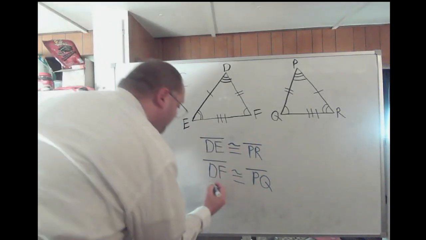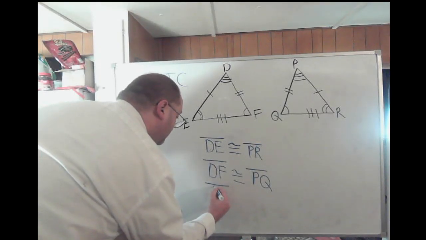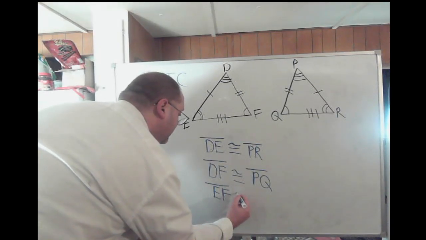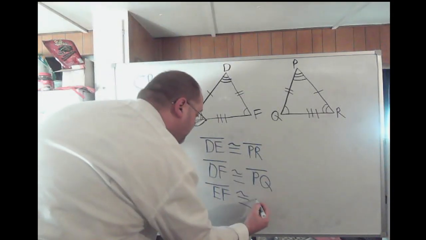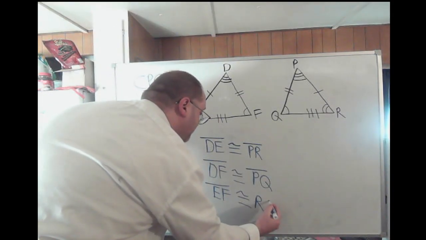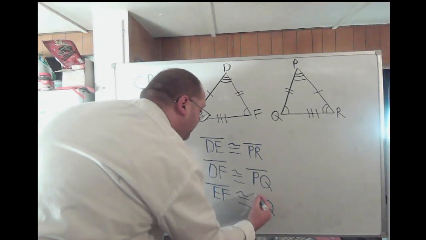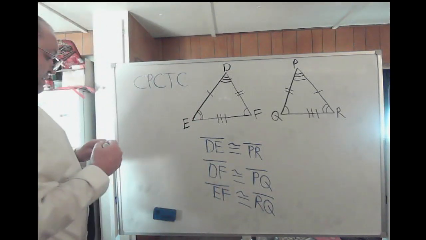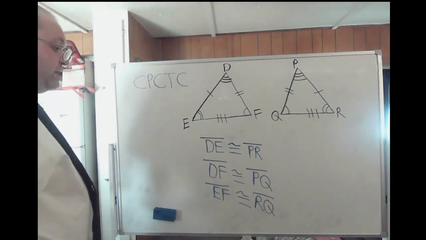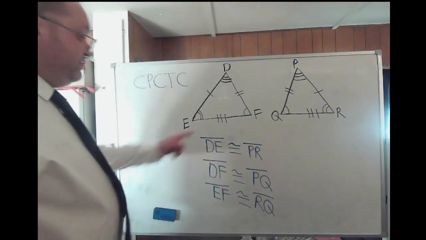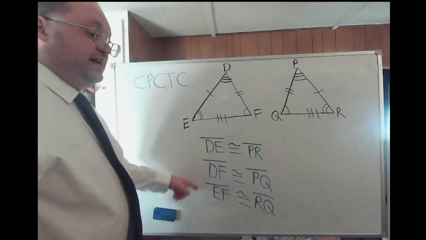We got EF. So line segment EF is congruent to line segment RQ. Or you could put QR, however you want to put it. So now we've identified our congruent sides of the triangle.